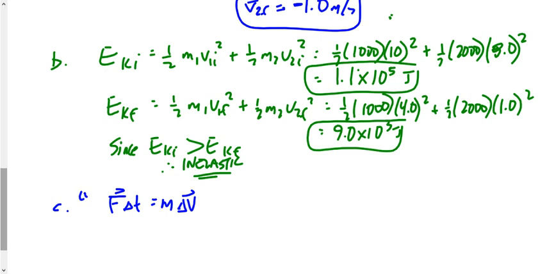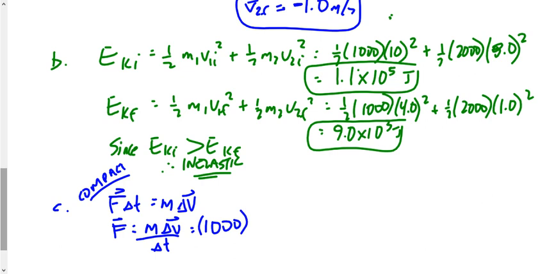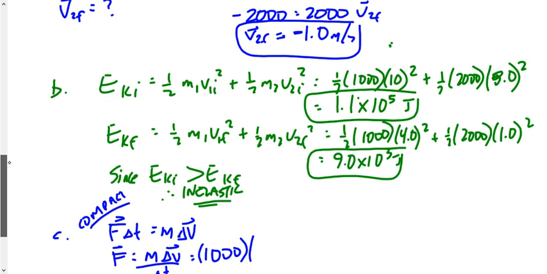for the compact car. That means F for the compact car is m delta v over t. The mass of the compact car is 1,000 kilograms. Delta v, not v, mv would be momentum. m delta v is impulse. And delta v is final minus initial of the compact car, car 1.